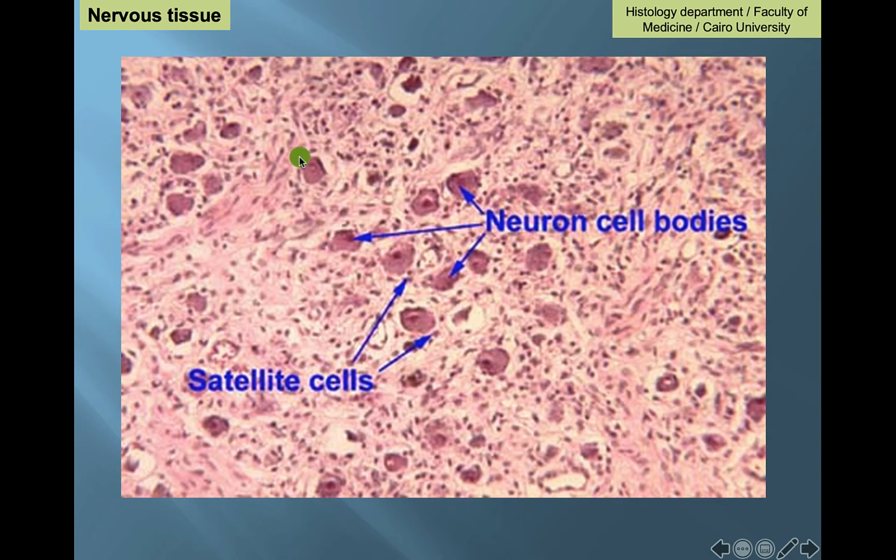They are not smooth or rounded. Here are the multipolar stellate cells. Stellate looks like a star. But the cells in between are called satellite cells. These cells surround the nerve cell like a satellite.